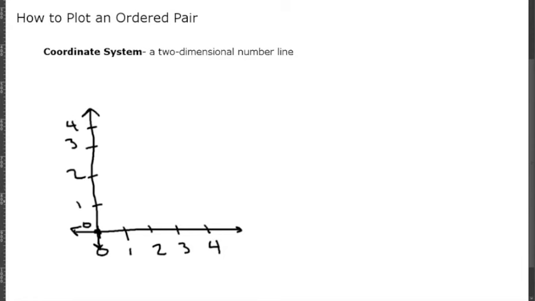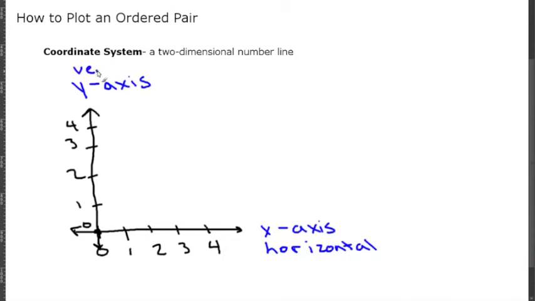Now, the horizontal number line is called your x-axis. The vertical number line is called your y-axis. So x, remember, is horizontal and y is vertical.